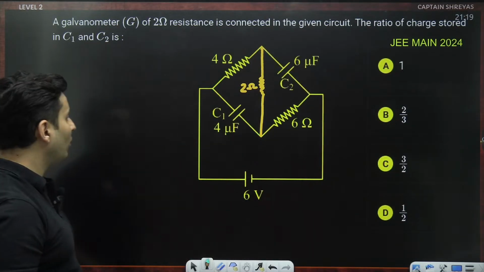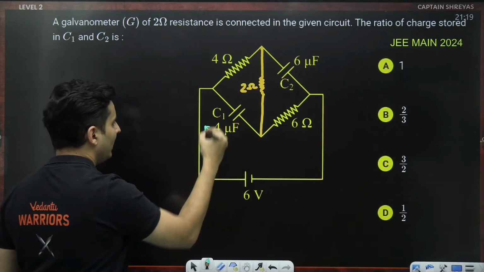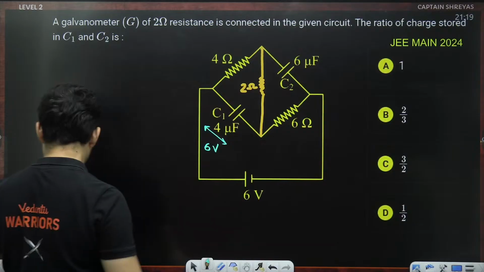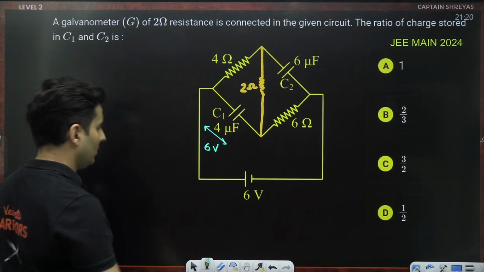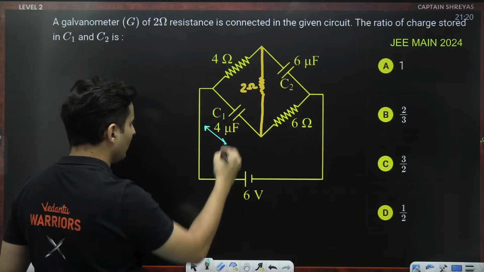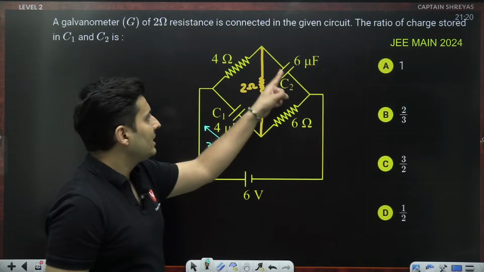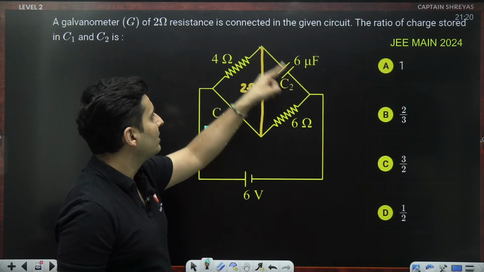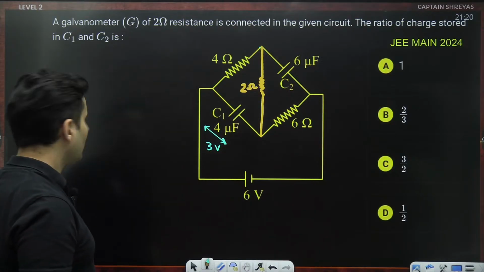So that's the voltage difference across this capacitor, which is basically how much? 6 volts. Sorry, not 6, my bad. 3 volts. In order to find the charge on this capacitor, I need the voltage drop between these 2 points. So how much will that be?